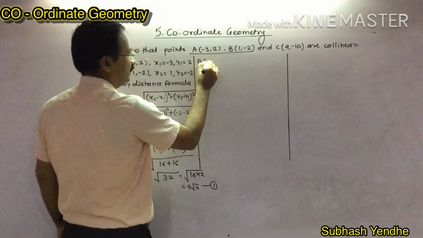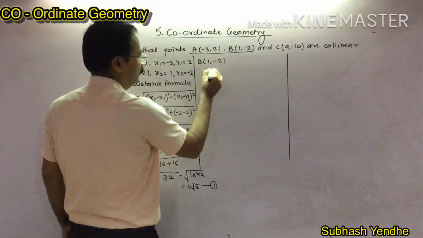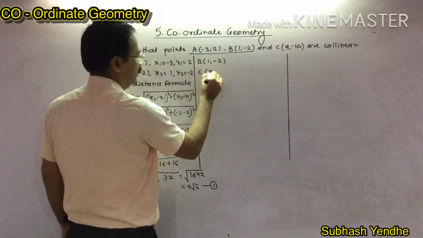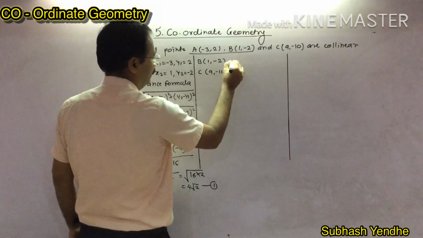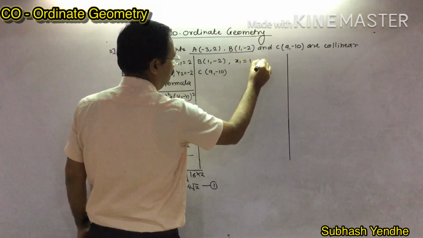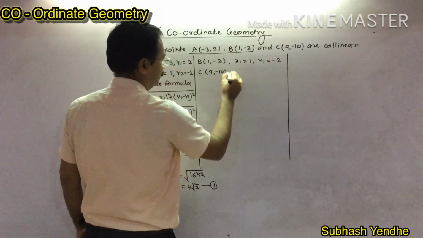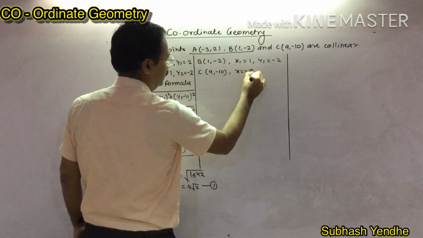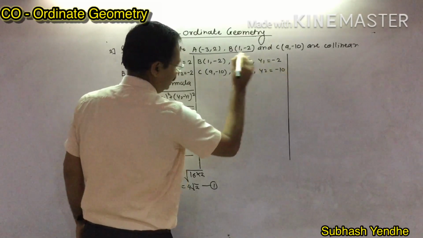So B's coordinates are 1 and minus 2. C's coordinates are 9 and minus 10. So it is x1 equals 1, y1 equals minus 2, x2 equals 9 and y2 equals minus 10.